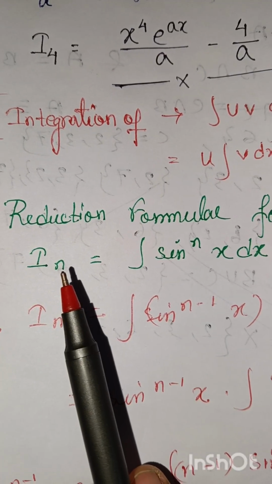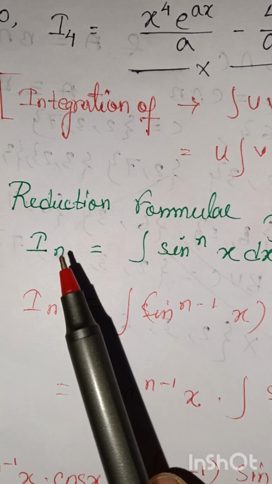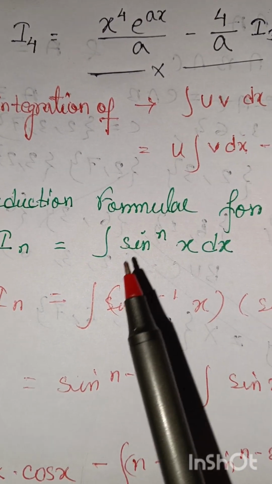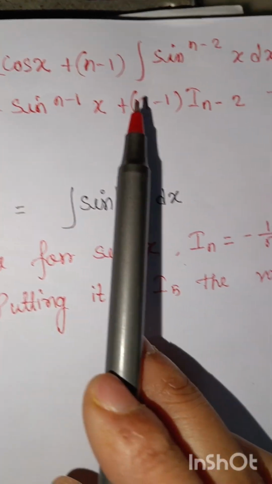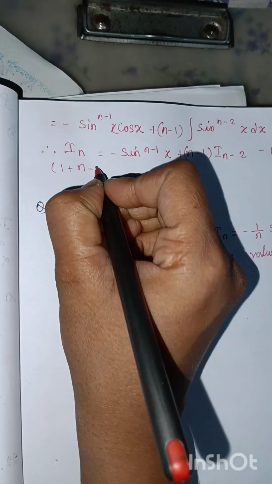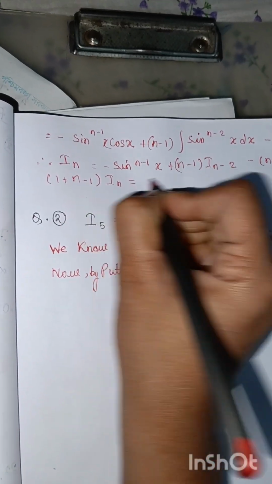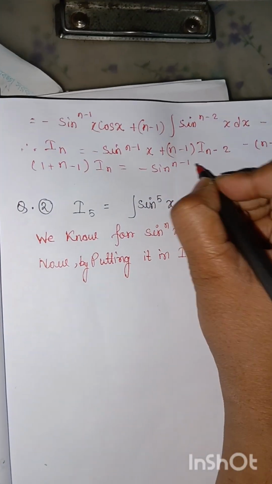You all know from the question that In is equal to the integration of sine to the power n, and I n minus 2 is equal to the integration of sine to the power n minus 2 x dx. Put the values of In and I n minus 2 in this equation. Then just simplify the equation.